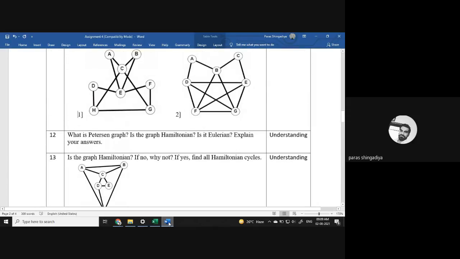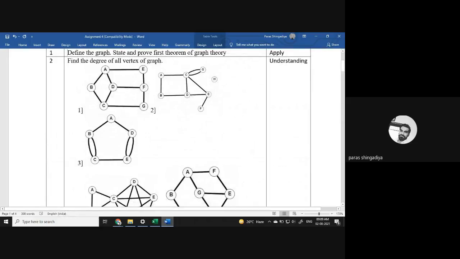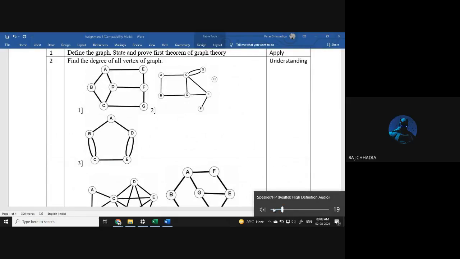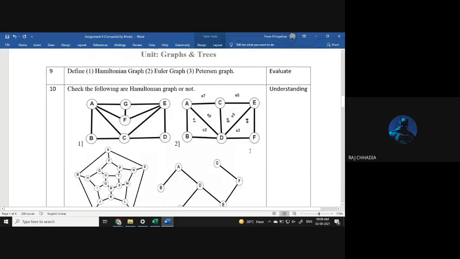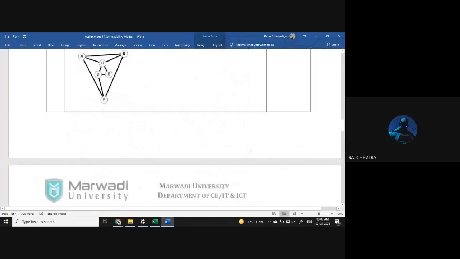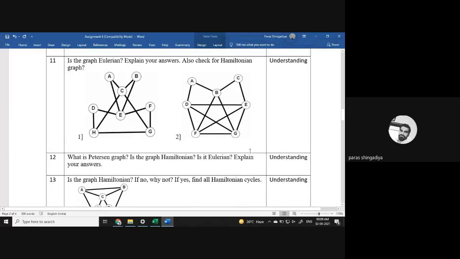How many questions had we discussed in the last lab of assignment 4? Sir, till question number 11. Okay, so up to 11 we had discussed in the last lab, and 12 and 13 were given for homework.